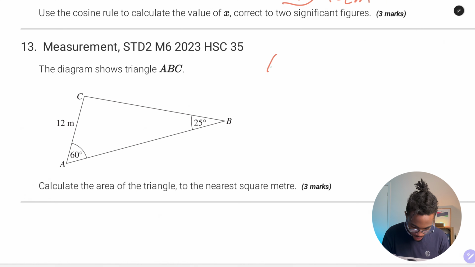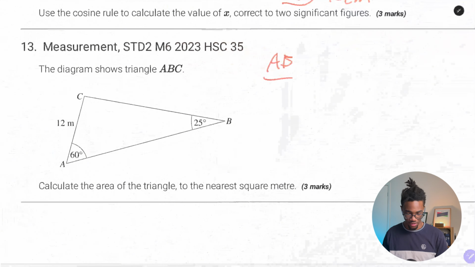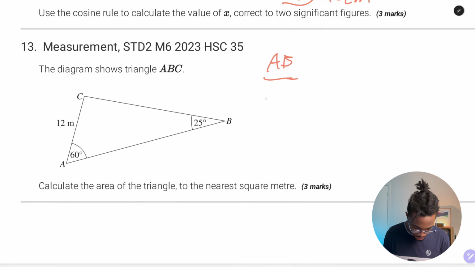So AB over sine 95 degrees equals 12 over sine 25 degrees. You can find this angle as well, which is 180 minus 60 minus 25, 95 degrees.